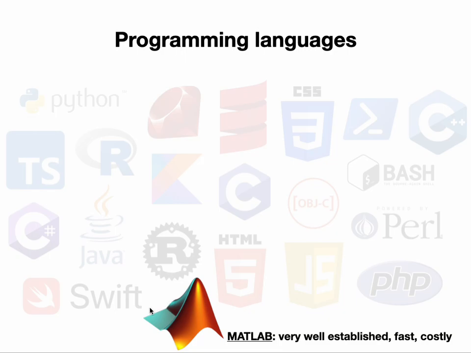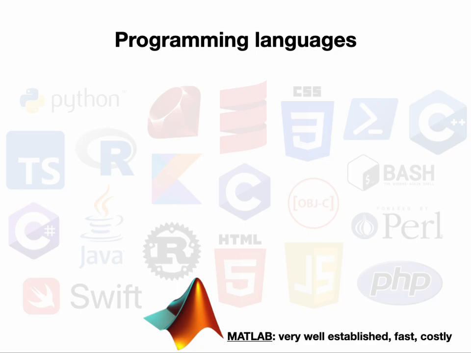Another one, which you may recognize, actually some of you already stated that you have experience with it, is MATLAB. It's also super popular in science. It is very well established. The codes are rather fast. And one of the downsides of MATLAB is that it's not open.